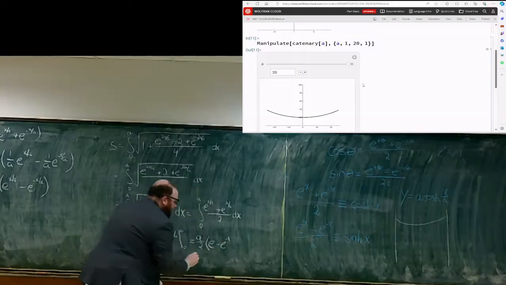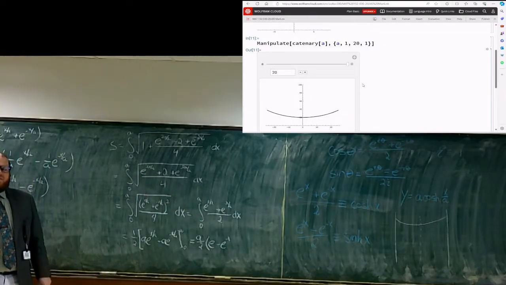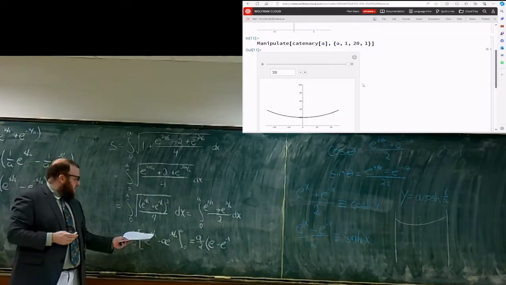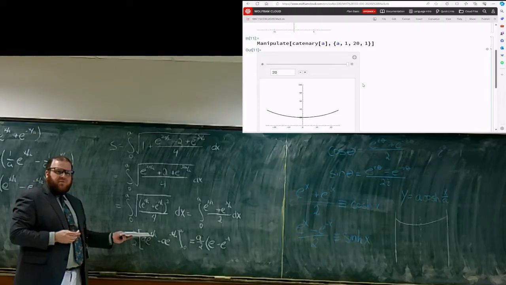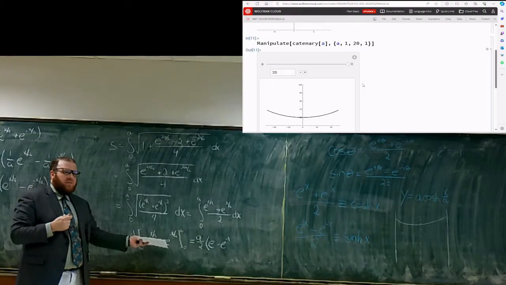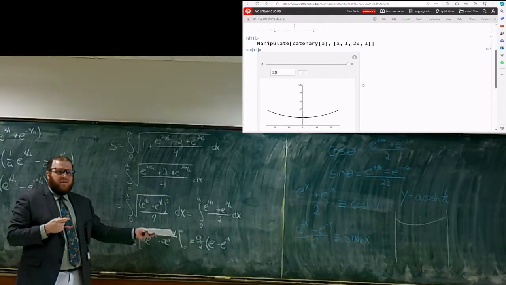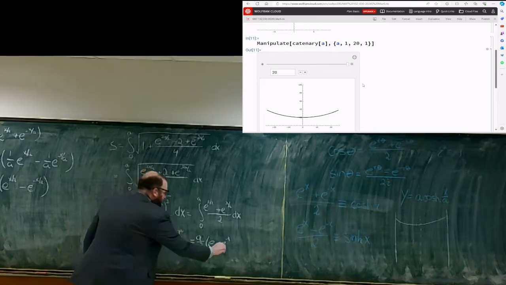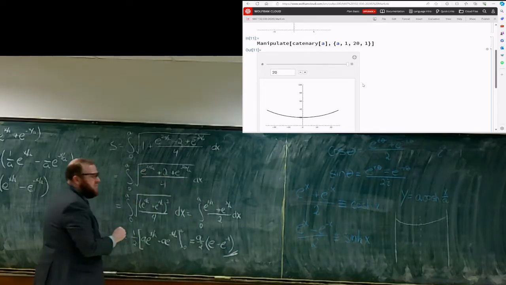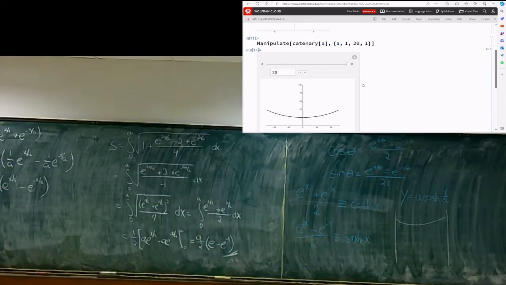Minus e inverse. At 0, isn't that just e to the 0, which is 1? Yeah. Minus e to the 0. They cancel out. There's the length of a catenary curve: a over 2 times e minus e inverse.